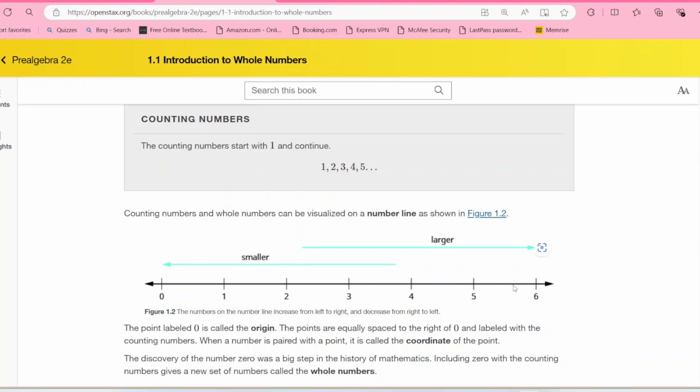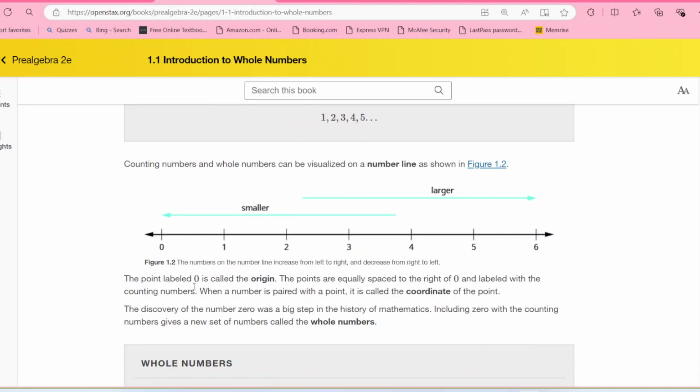And then the second arrow is going from right to left, saying smaller. So as you go from right to left on the number line, numbers are getting smaller. Starting with 6, 5 is smaller than 6. 4 is smaller than 5. 3 is smaller than 4. 2 is smaller than 3. 1 is smaller than 2. And 0 is smaller than 1. And so on. We'll get to the left side of 0 here eventually.